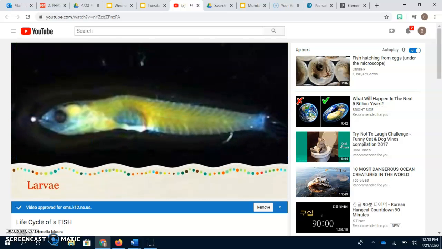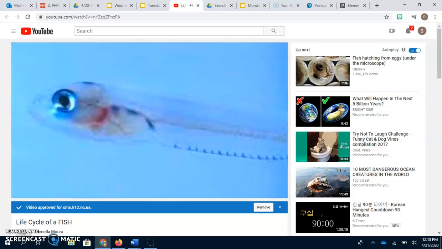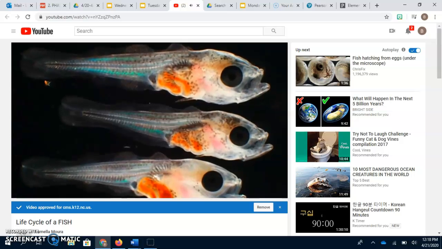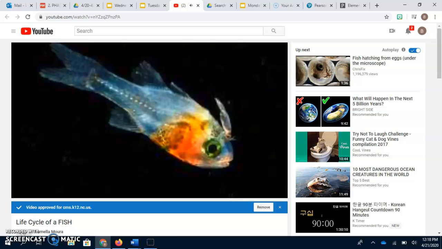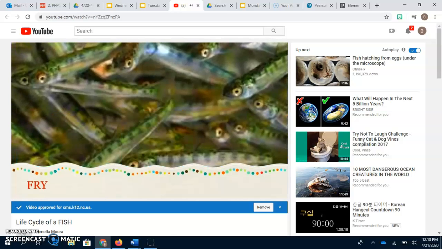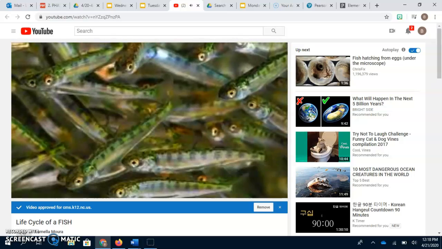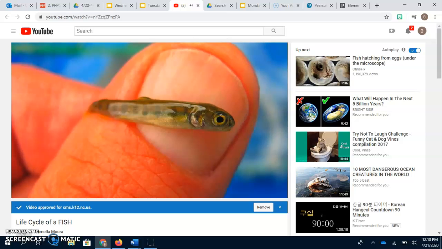And this is the fish as a larva. And this is the part where they turn into a fry fish. So they become fry fish when they start eating their own food.